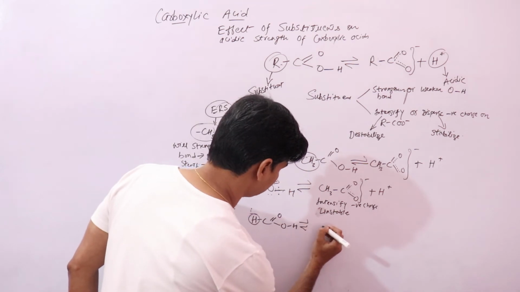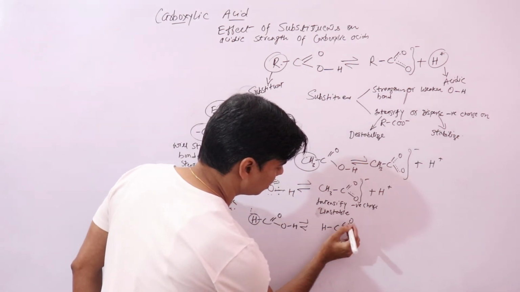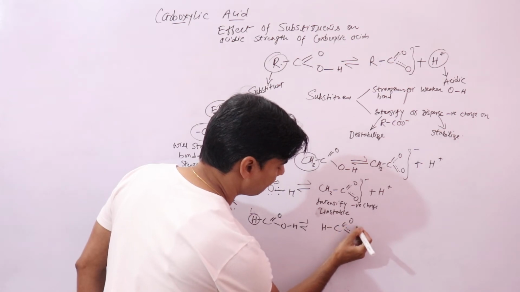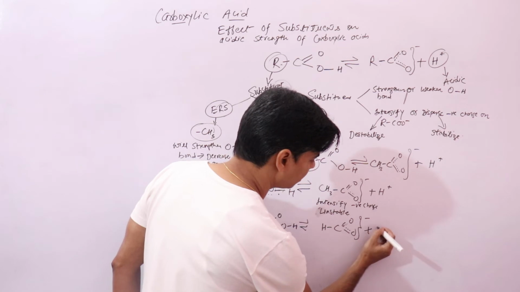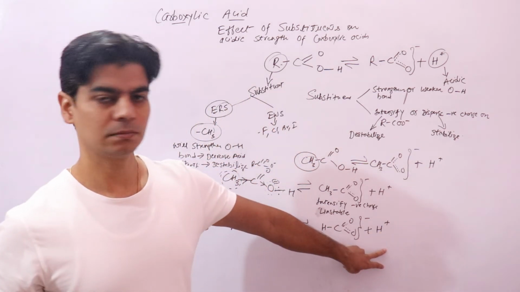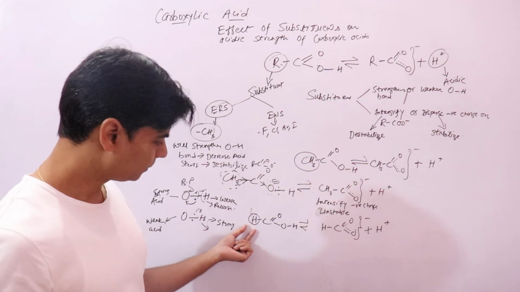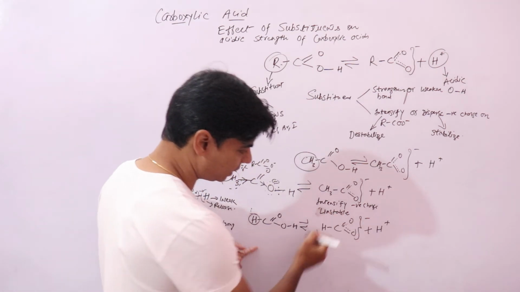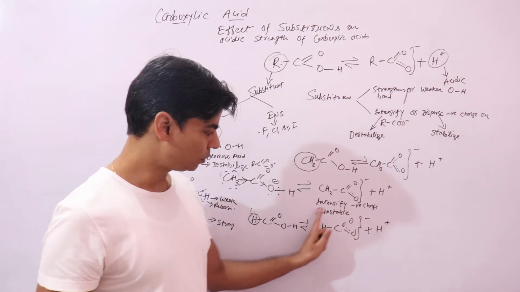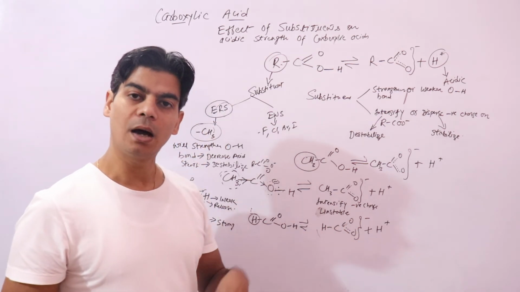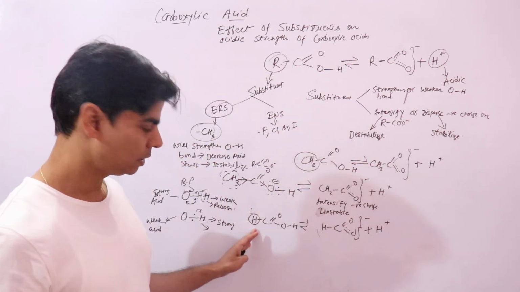So when you look at its dissociation, you have this formate ion and you have this hydrogen ion, right? So since this is not electron releasing, it will not intensify negative charge on this formate ion, right? So it will not make this formate ion unstable, and it will not immediately combine with this hydrogen ion to give you back formic acid.